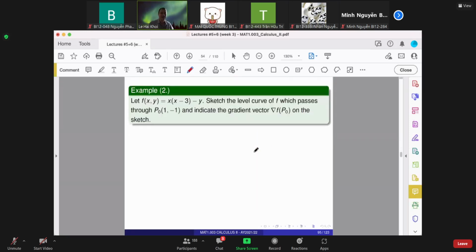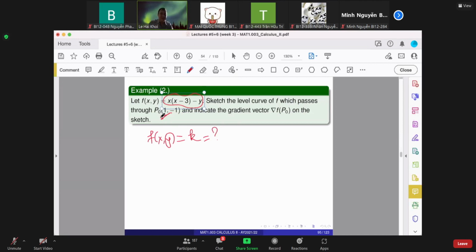So, example, you are given a function of two variables, and you are asked to sketch the level curve of f which passes through this point, which means, so again, the level curve f(x, y) = k. And what k is, we don't know.